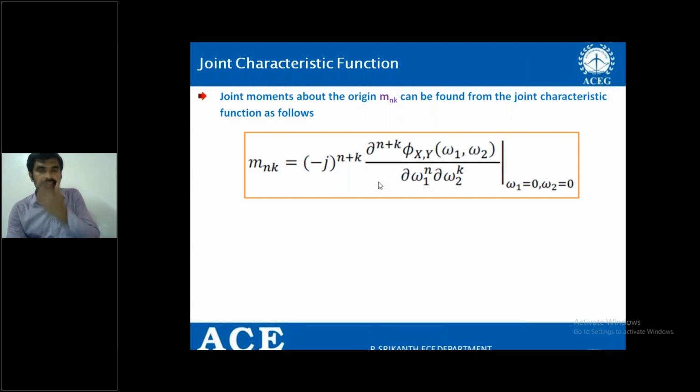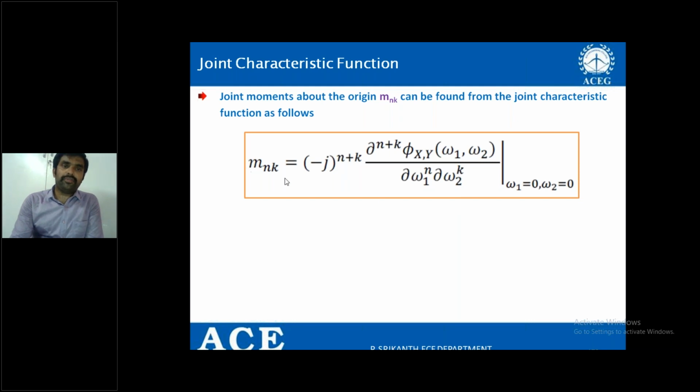The only difference here is there we have used a single differentiation with respect to omega, whereas in this case, since the function is a function of two variables, we take the partial differentiation with respect to the two variables omega 1 and omega 2.